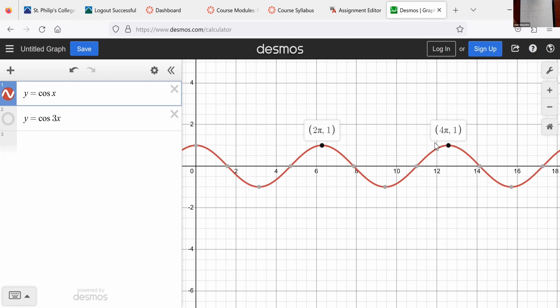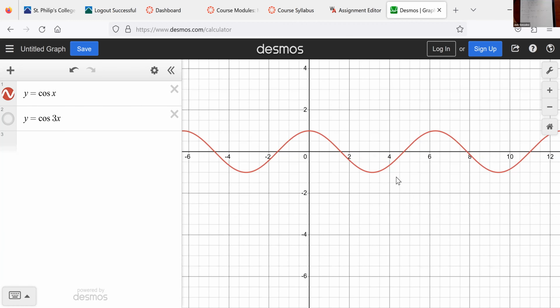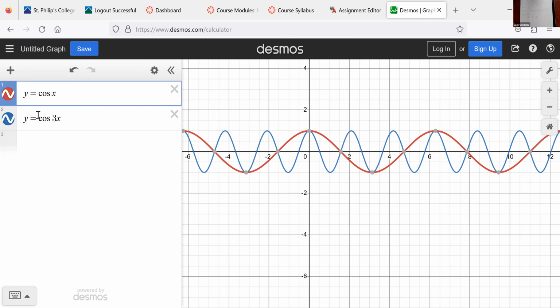So it goes up, down, etc. So the 3 cosine finishes 3 times. So 1, 2, 3 before the original finishes. You see that? So the period is shorter because it's 3 times faster.